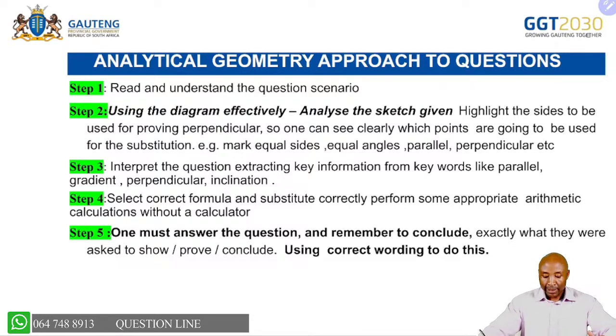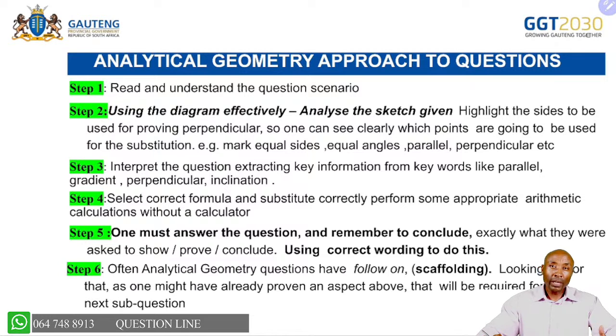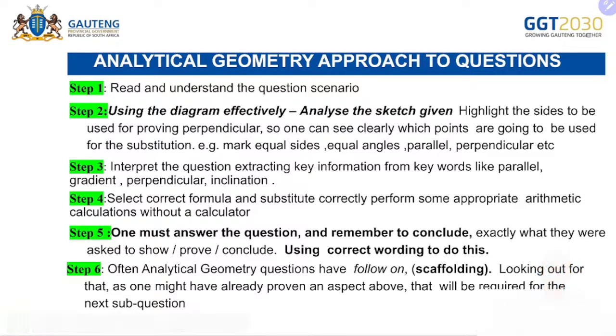Also, we must remember to answer the question and to conclude exactly on what we are asked to do. If question 3.2 says, show that the coordinates of D are (2; 4), and question 3.1 is saying calculate the distance of a given line, you cannot use the coordinates in 3.2 to answer 3.1.